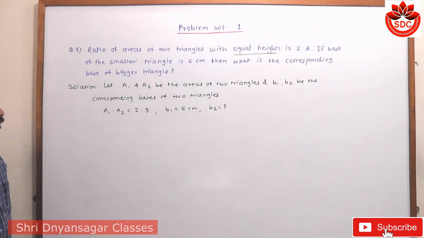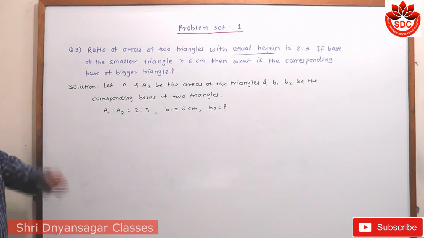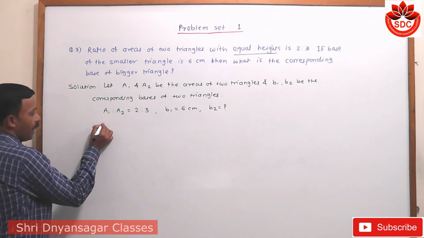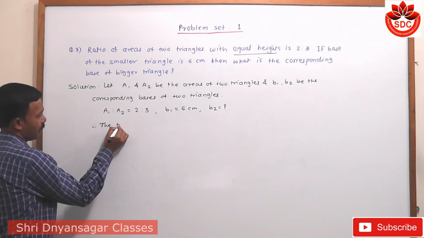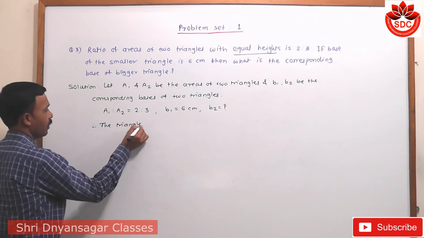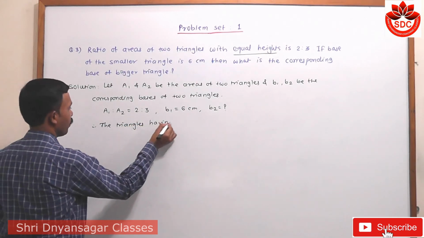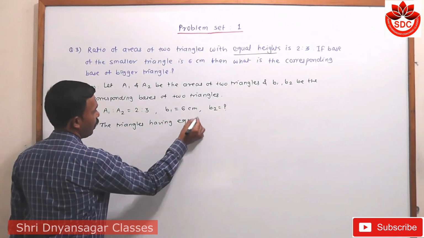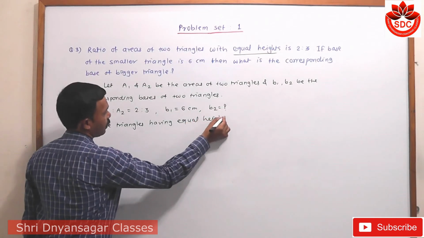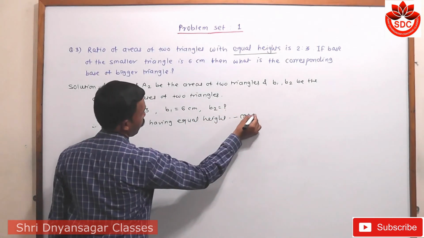We have to find the corresponding base of the bigger triangle, meaning B2 is equal to question mark. Now student, these two triangles have equal heights. This is given.